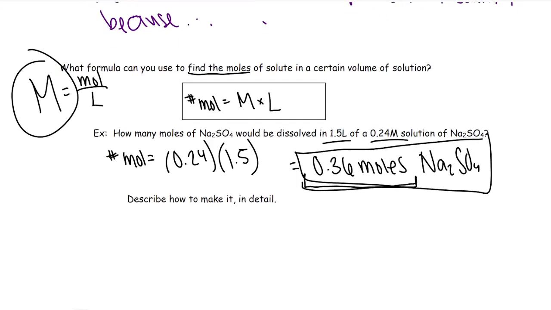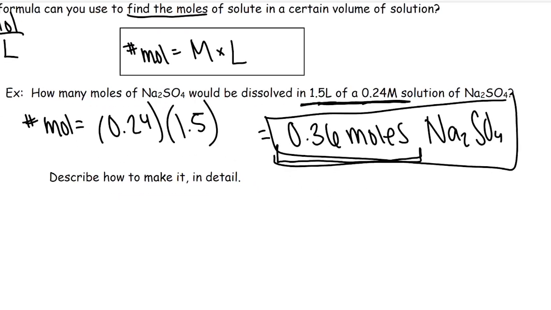Grams. So when I want to make a solution, meaning 1.5 liters of a 0.24 molar solution, the first thing I need to do is use that number of moles of sodium sulfate to convert to grams using molar mass.